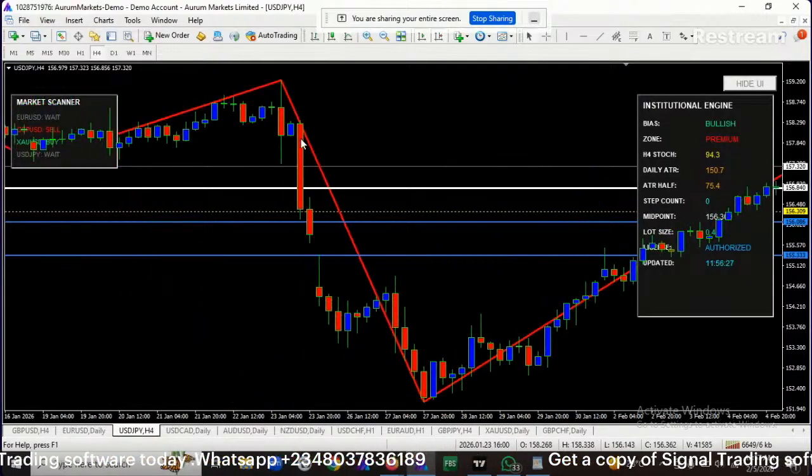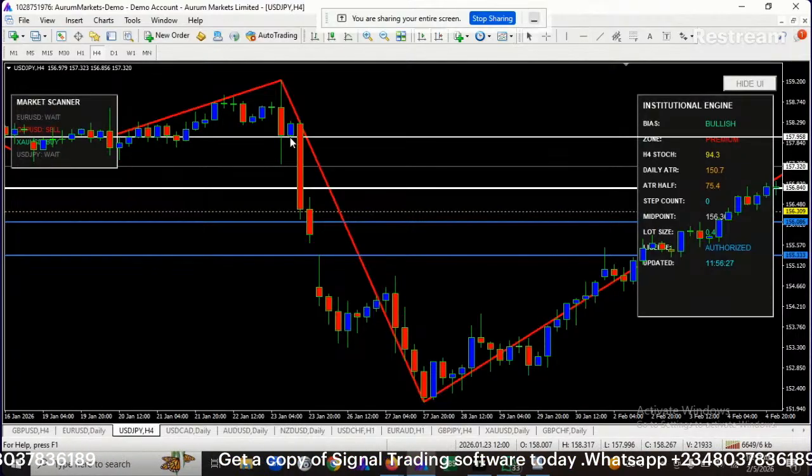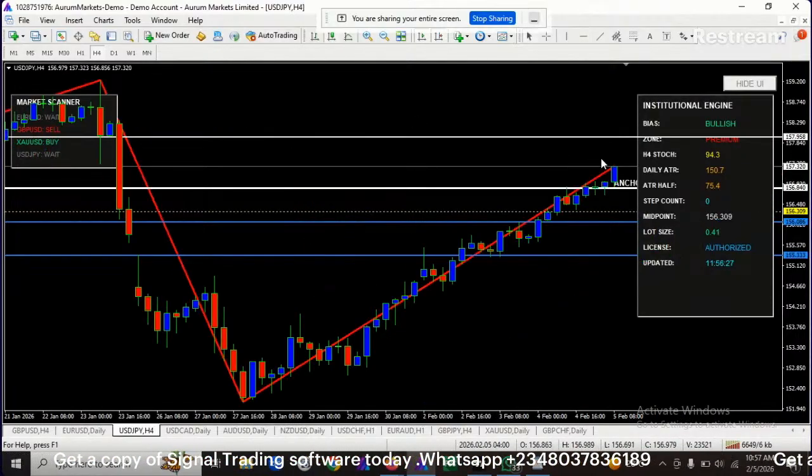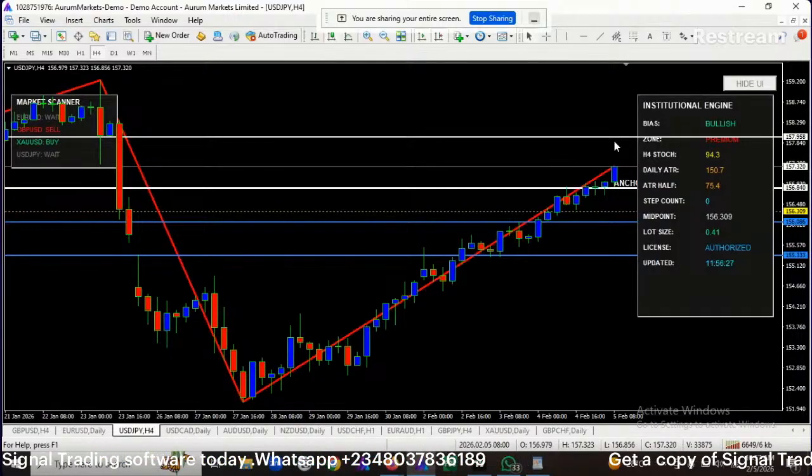So the guys last week, or this week, I said there's a high probability UJ is likely going to come, and you can see it is very close to that target.